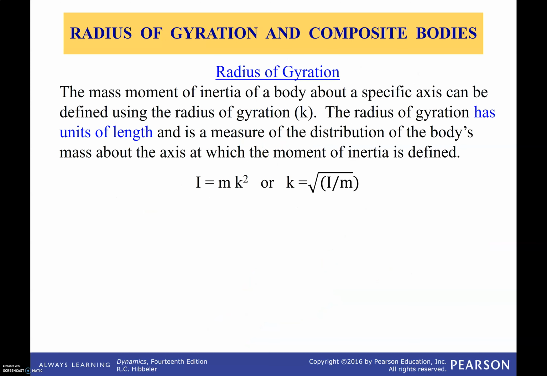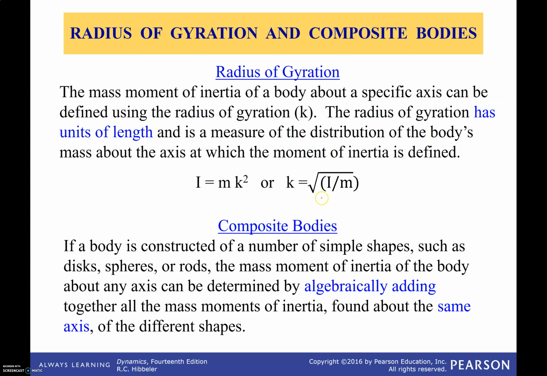An important quantity that appears a lot is the radius of gyration. The moment of inertia of an object can be written as the mass times some quantity k squared. This is kind of an average distance, and if you know the moment of inertia, you can calculate k by taking the square root of I over m.